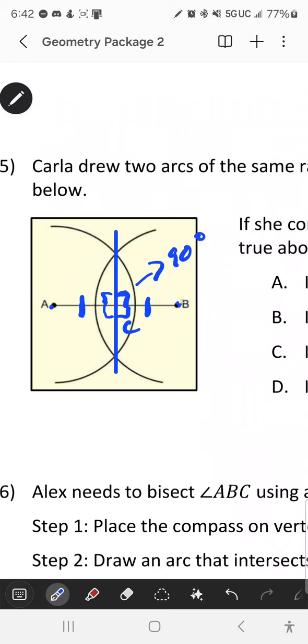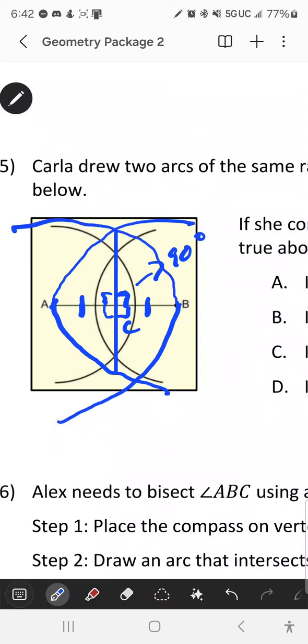So we place the compass on B and the other point on A, and then we draw the whole arc like this, and the same for B. Then this segment in the middle would be controlling, but it's not happening here.